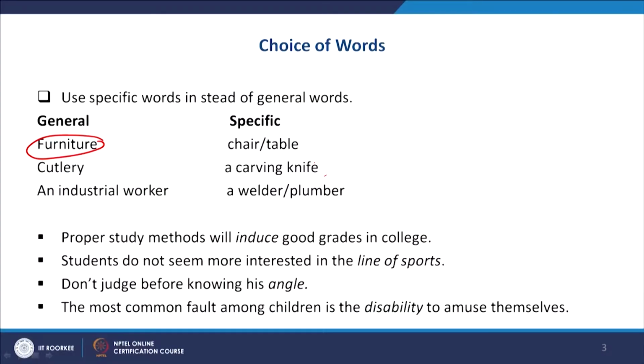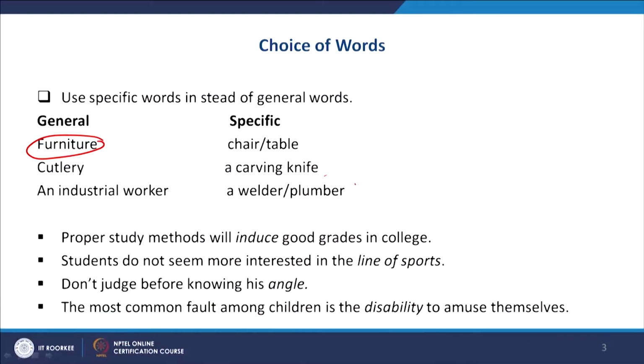Again, when you talk about a worker, industrial worker or a field worker or somebody else, all these are general. What you mean to say is, in order to be specific, in order to convey your thoughts, you actually have to say a welder, a plumber, like that.